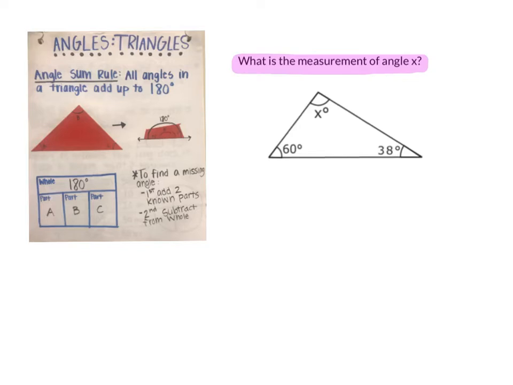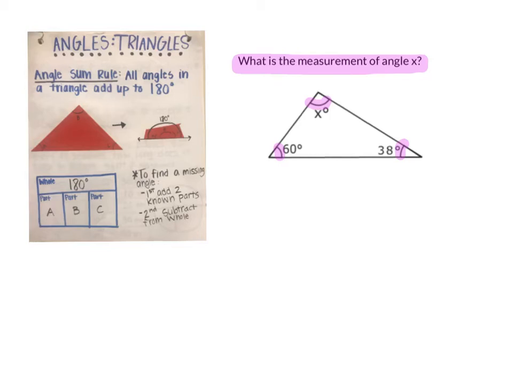I see in one of my angles, we've got 60 degrees. Another angle, I've got 38 degrees. And then our missing angle is labeled with our variable X. So the first thing we always want to do in these types of problems is draw our visual and label everything we know. So we've done that.